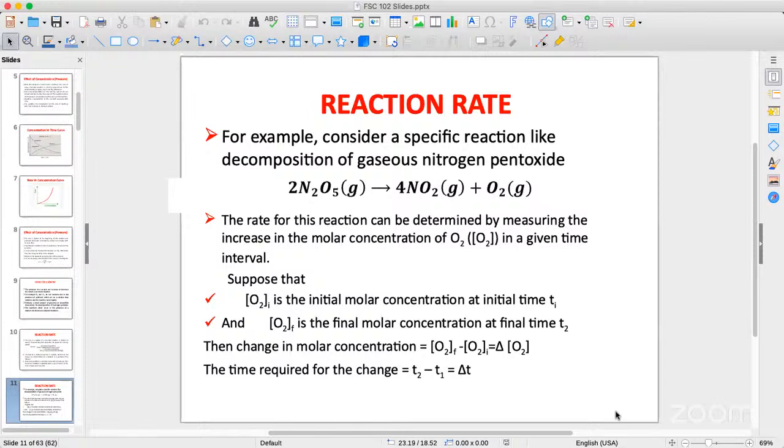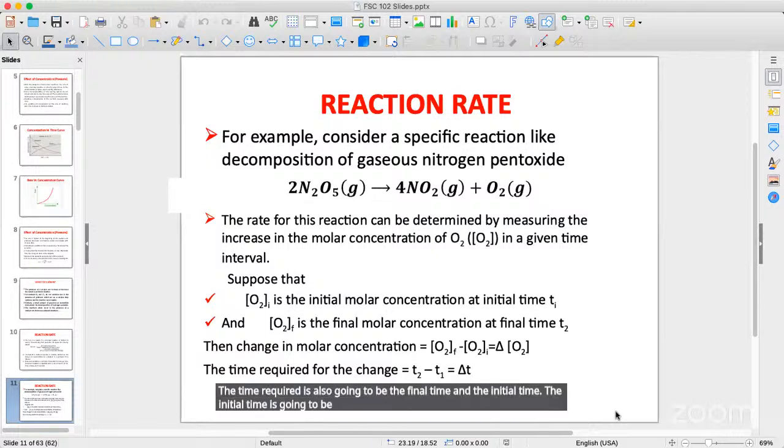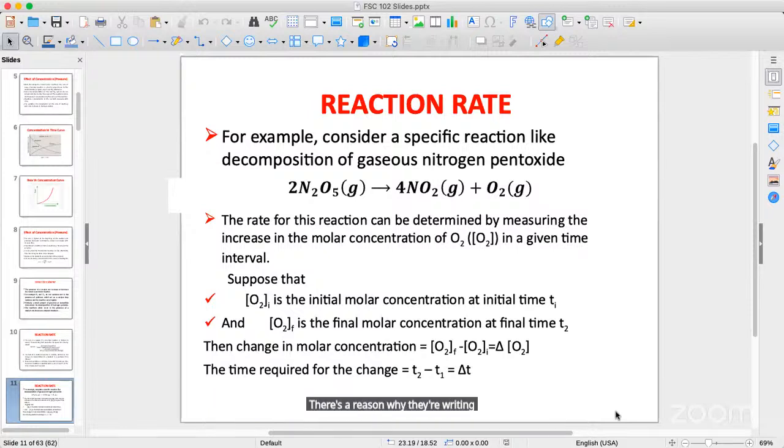Now, the time required for the change, remember, is the rate of change with time. The time required is also going to be the final time minus the initial time. The initial time is going to be 0 anyway, more often than not. There's a reason why they write it as T2 minus T1, and they're not just saying time.